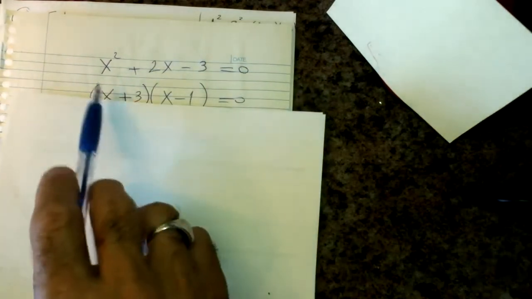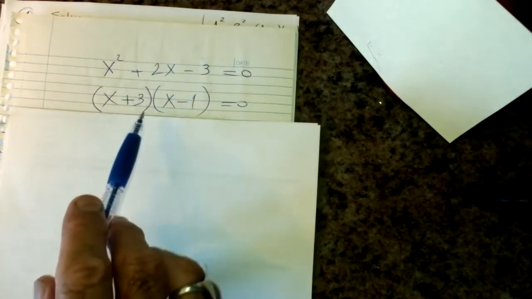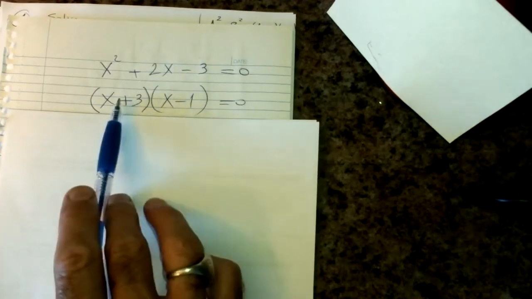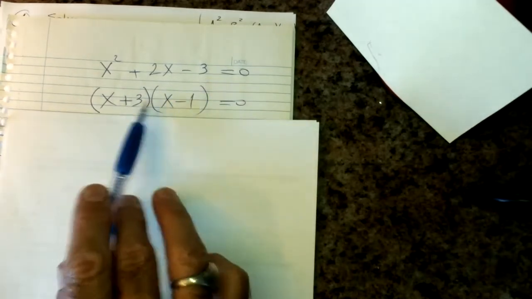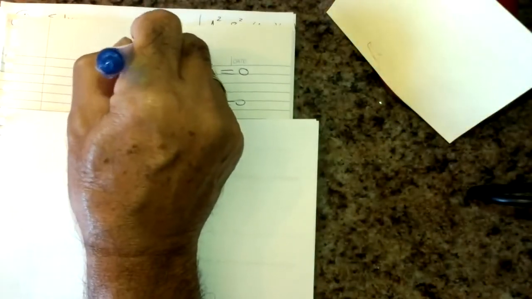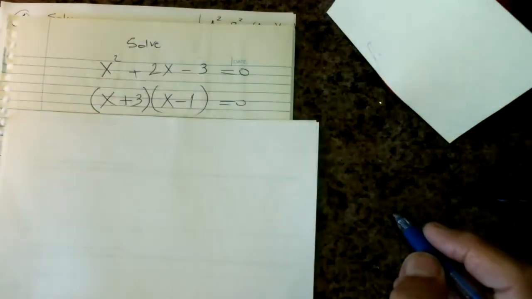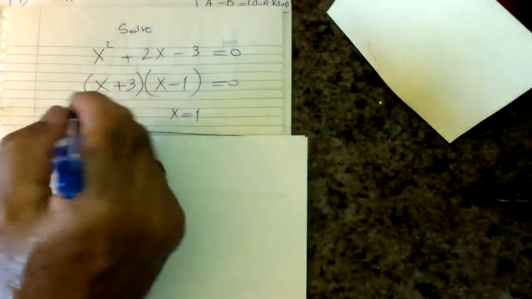So what you do is you put this x on each parenthesis, right? You just refresh your memory for this kind of factoring method. X and x, and then you find two numbers when you multiply is -3, and when you subtract is +2. Since you want to solve it, we take each parenthesis, set it equal to 0.